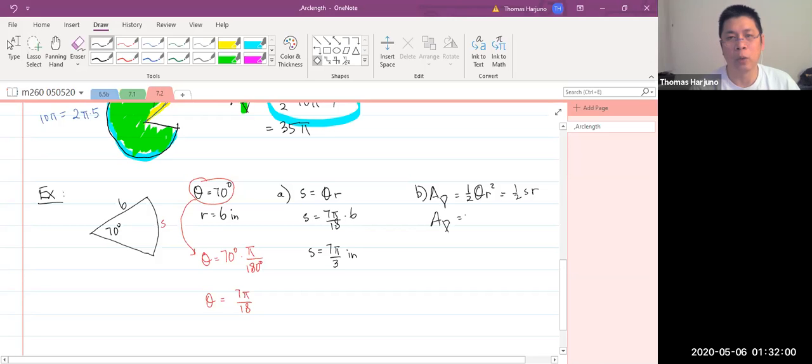That will be 1/2, the theta is 7 pi over 18, and then the R is 6 squared. Oh, that would be 7 pi over 2, because that's 7 pi times 36, but at the bottom is also 36, right? Hmm, so the area will be 7 pi, the unit will be square inches.